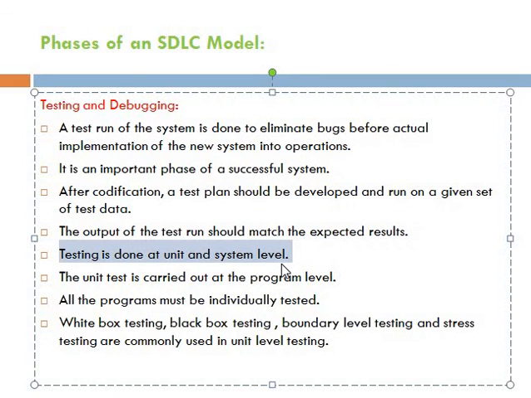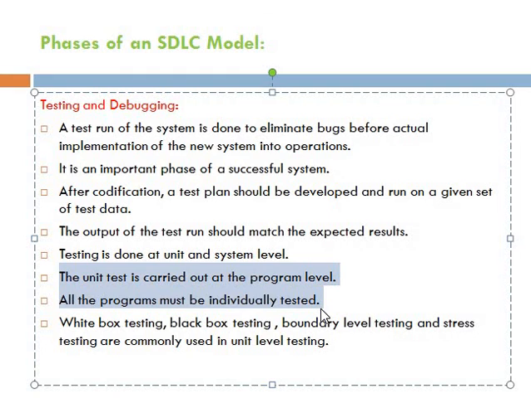Now testing is done at the unit level as well as the system level. The unit test is carried out at the program level. All the programs must be individually tested.